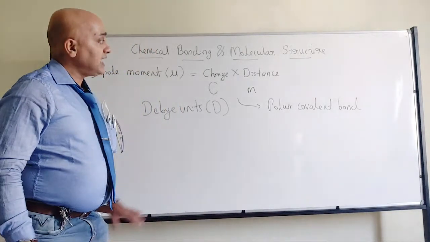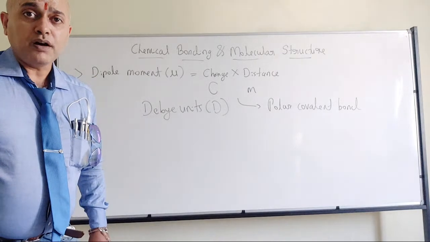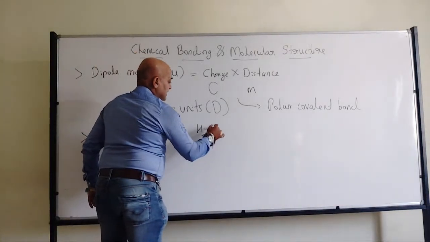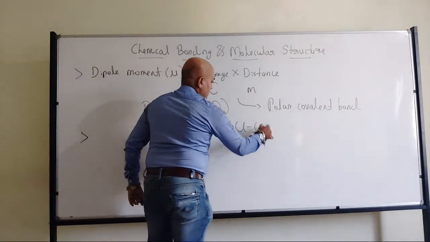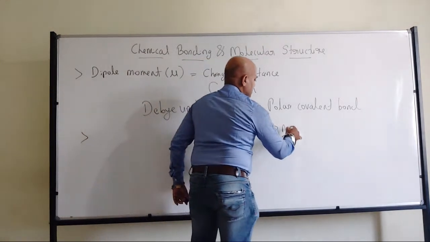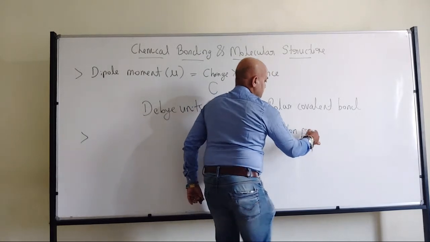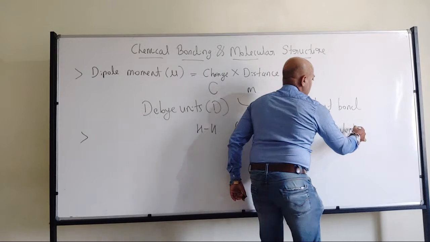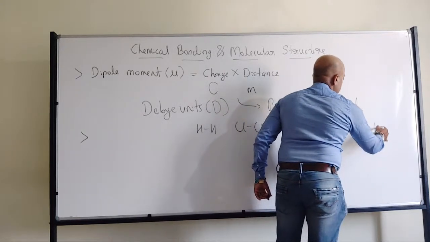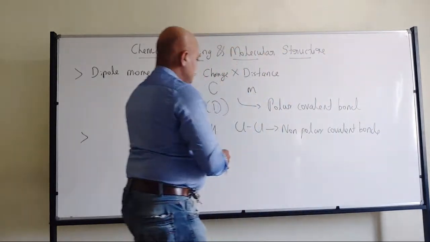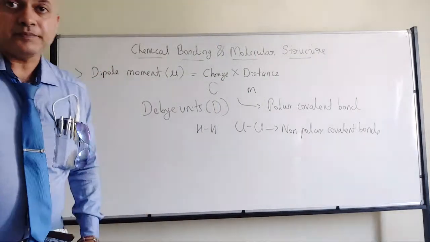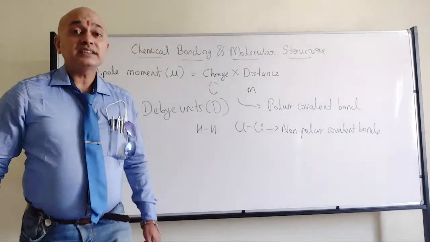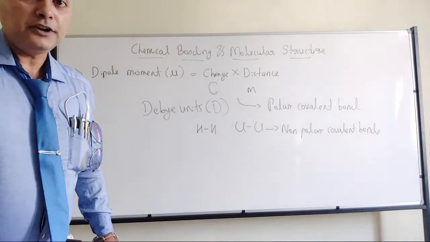But those covalent bonds which are present in hydrogen and chlorine are called non-polar covalent bonds, because they don't have polarity.